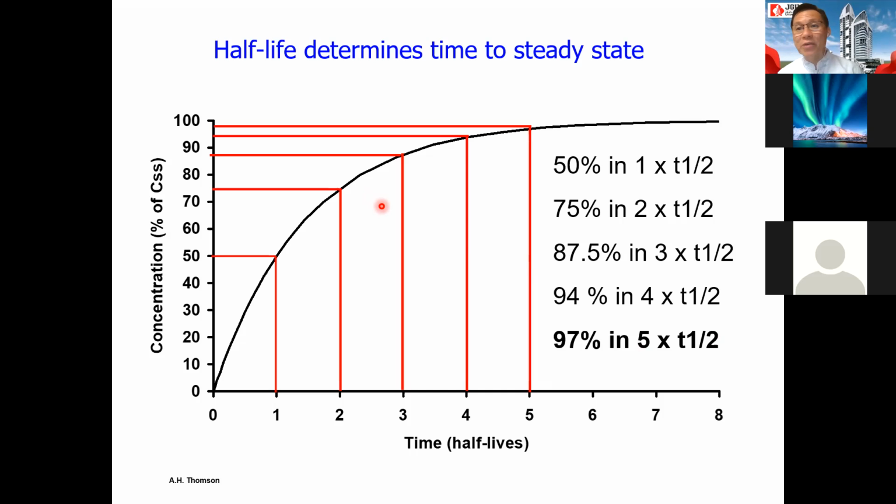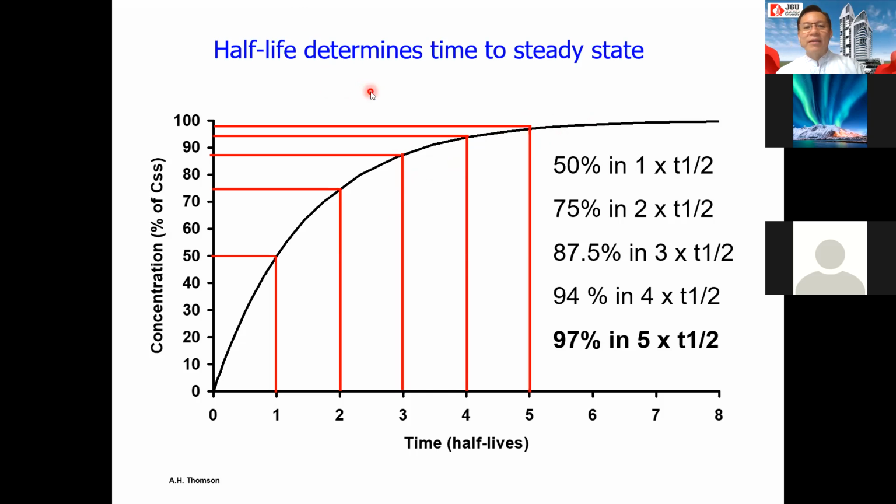You can straight away take the level, because you want to know whether it is a toxic level or not. You want to confirm. You only wait for steady state when you want to adjust the dose. But when you want to know the toxicity, you don't need to wait for steady state. You want to know the actual level now. Understand or not?